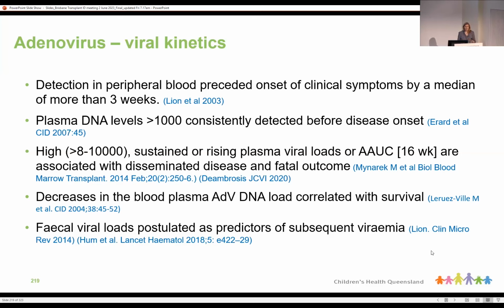If you detect a viremia over a particular viral load before disease onset, there's a threshold before you get disease appearing, and very high viral loads and rising viral loads, or interestingly from studies in the UK recently, an area under the curve, that is cumulative viremia, are very much associated with developing disseminated disease and significant outcomes. And again, conversely, decreasing viral load correlates with survival.